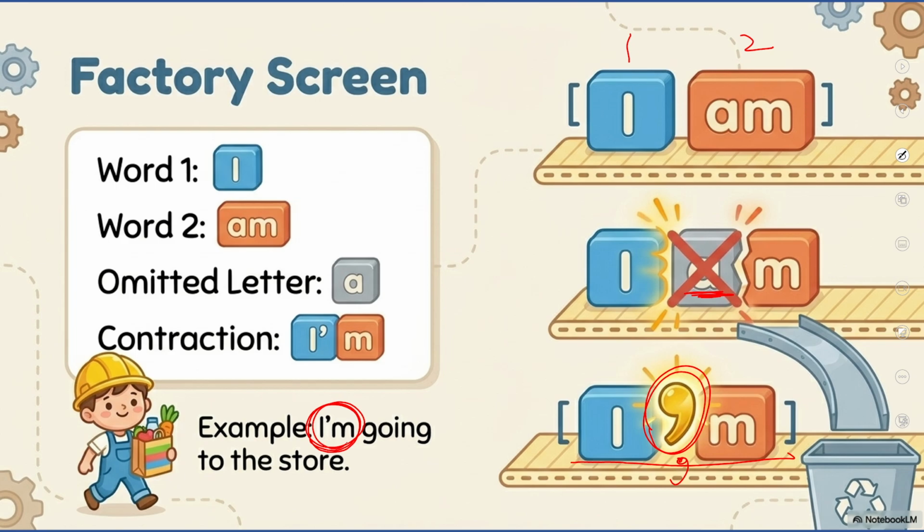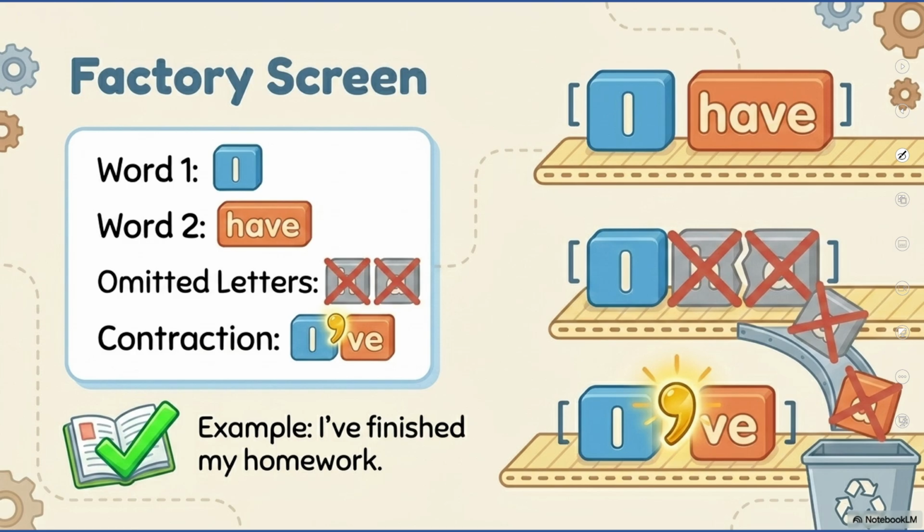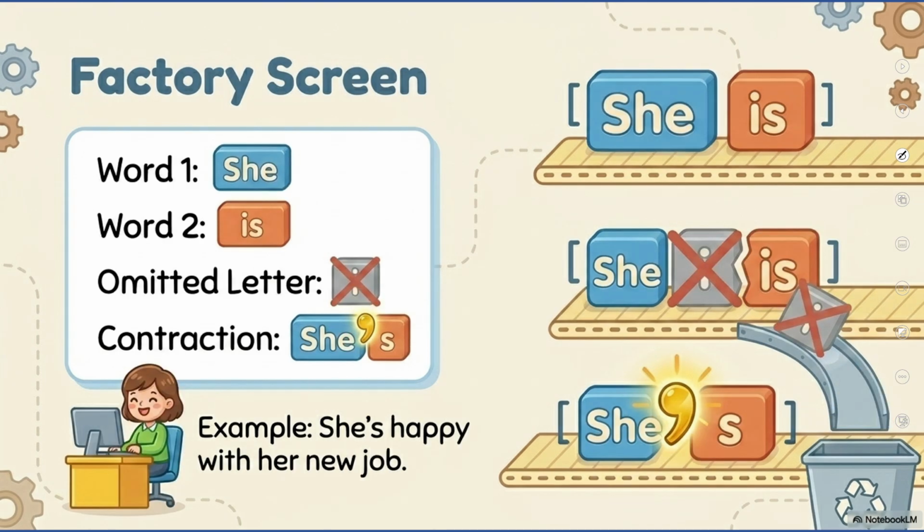We are going to say it I am, but we are going to write it like this with I, apostrophe, and then m. Again, we have two words over here, I and have. In this case, we have omitted h and a, and before it we have put an apostrophe. Now it has become I've. We are going to say the full form, but we are going to write the short form.